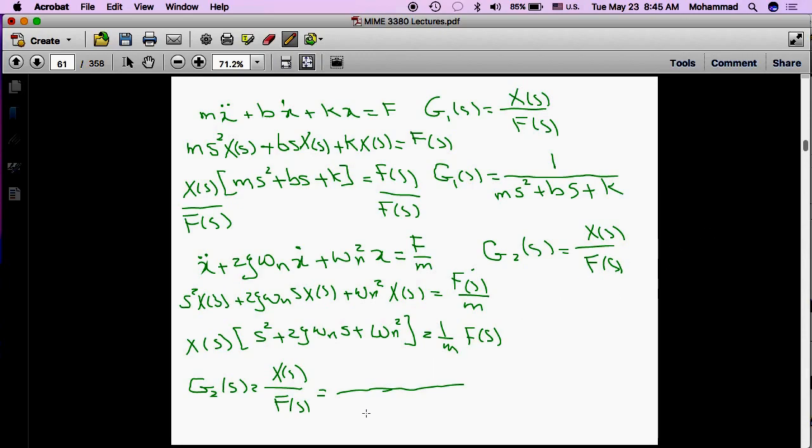M will go to the denominator? Okay. But is it okay if I write 1 over m here? It would have the same effect as m being in the denominator. I want to do that so we can see the similarity of the denominator with the differential equation.